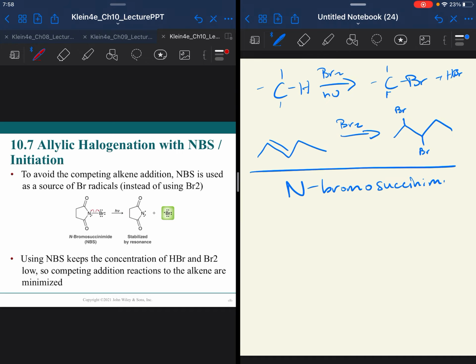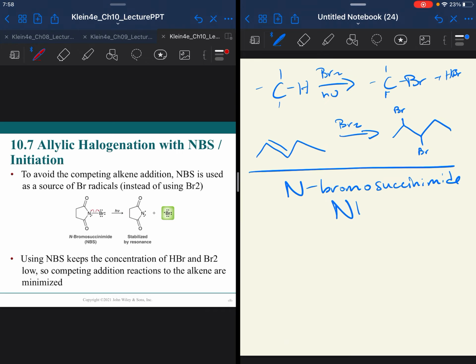This is something that we used in lab already, NBS. NBS and light works the same as Br2 and light. So this provides our bromine radical instead of using Br2.